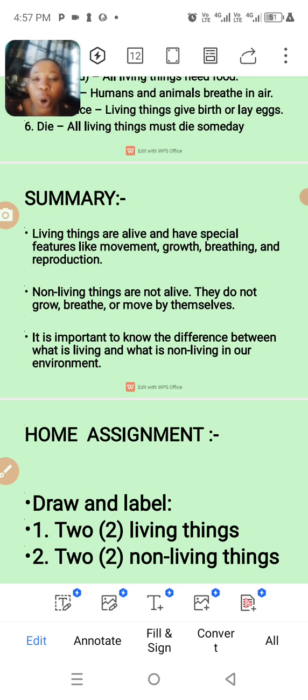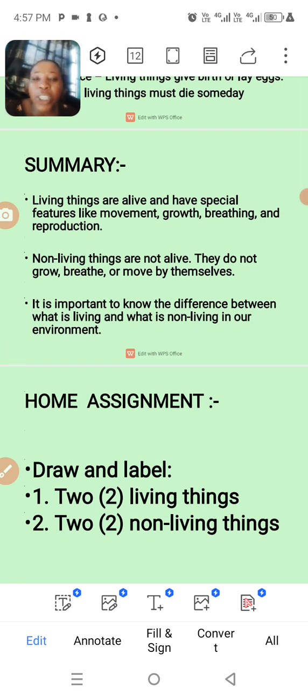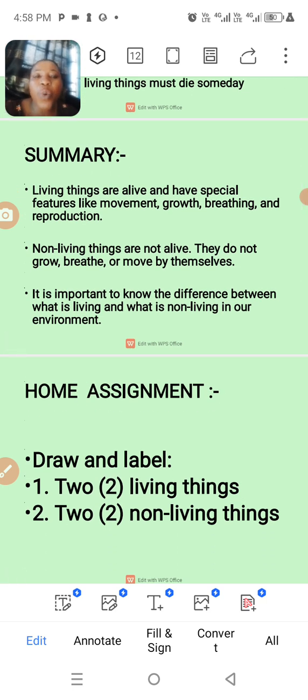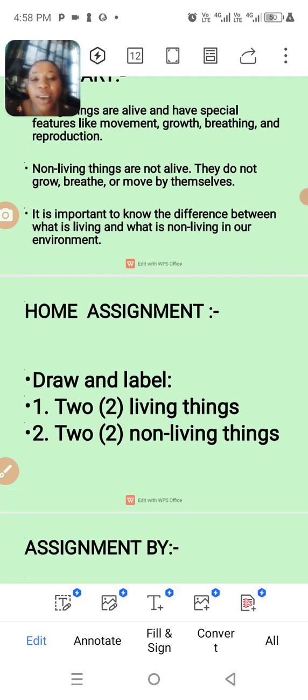Now, it is important to know the difference between living things and non-living things. I'm going to give you a home assignment so that I can know if you really learned something from today's class. Number one, you are going to be drawing and labeling two living things.